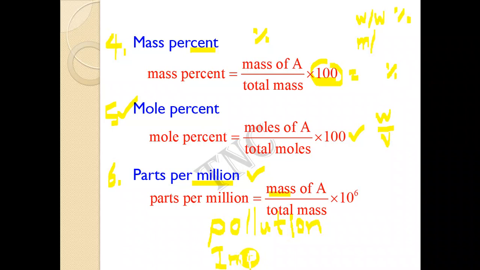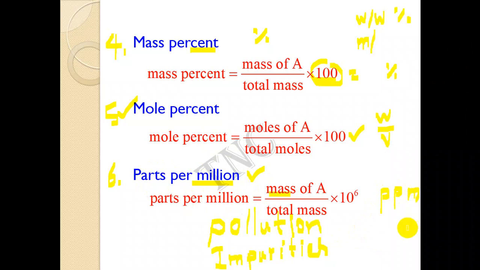We use this parts per million scale. For measuring pollution, meaning the amount of pollutant present in the air, in the water or in the soil, which are very small quantities, will be reported in terms of parts per million. In short, this is written as ppm.